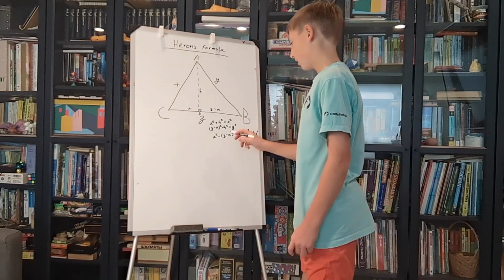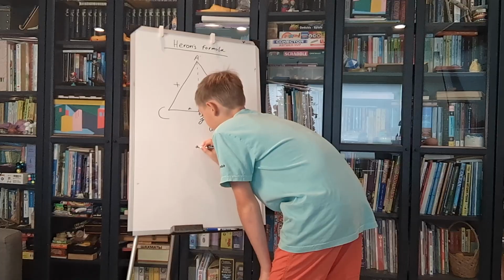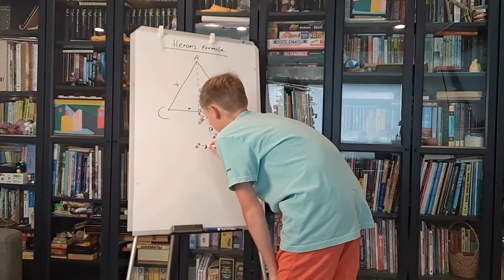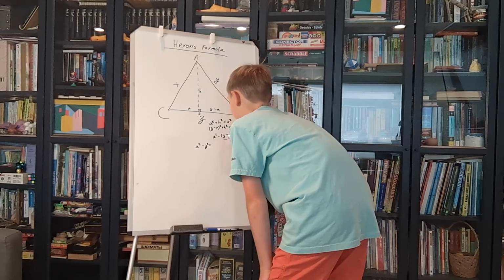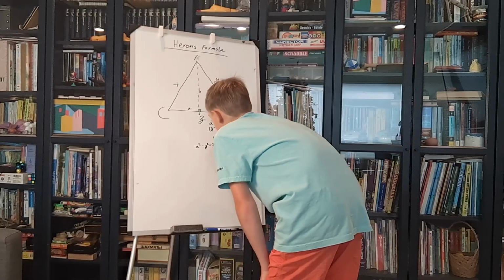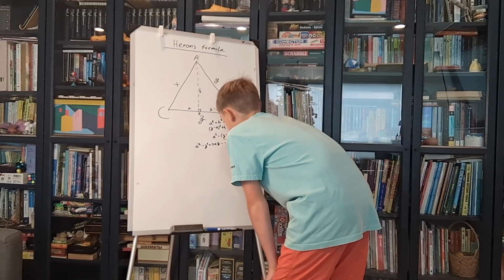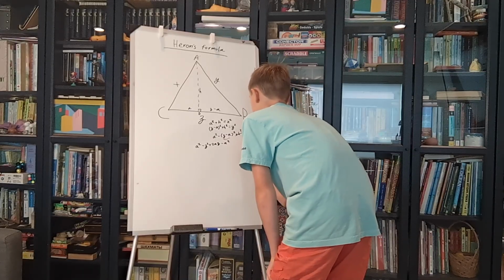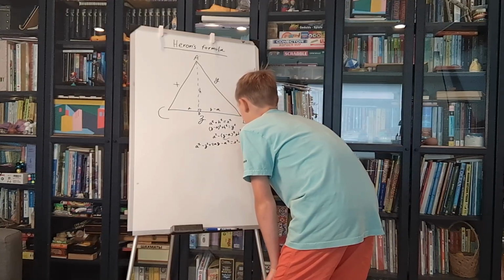Okay, and now we open this up. We get A squared minus Z squared plus, because it'll be negative 2AZ, but negative 2AZ is plus 2AZ, and then minus A squared. Then these two cancel out, and we have equals X squared minus Y squared.